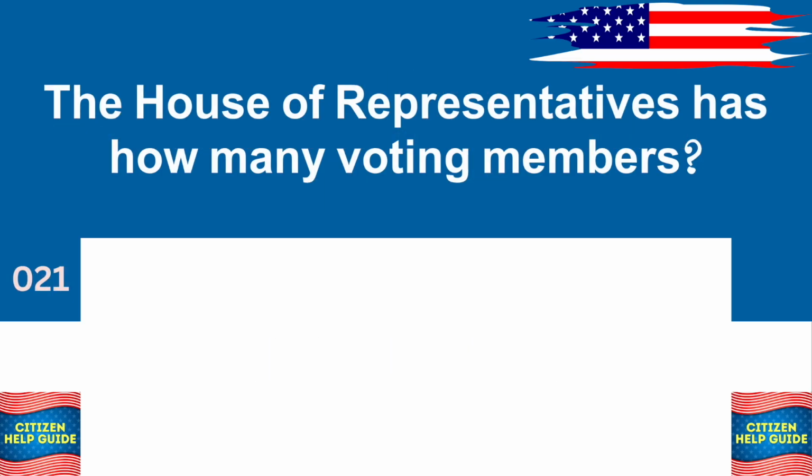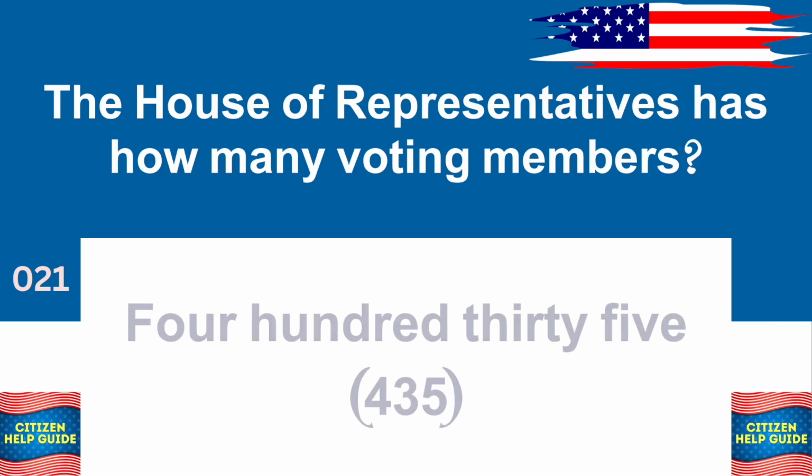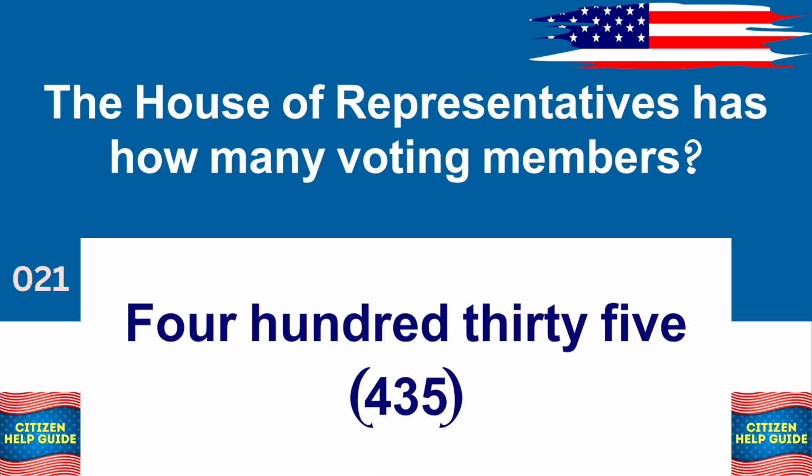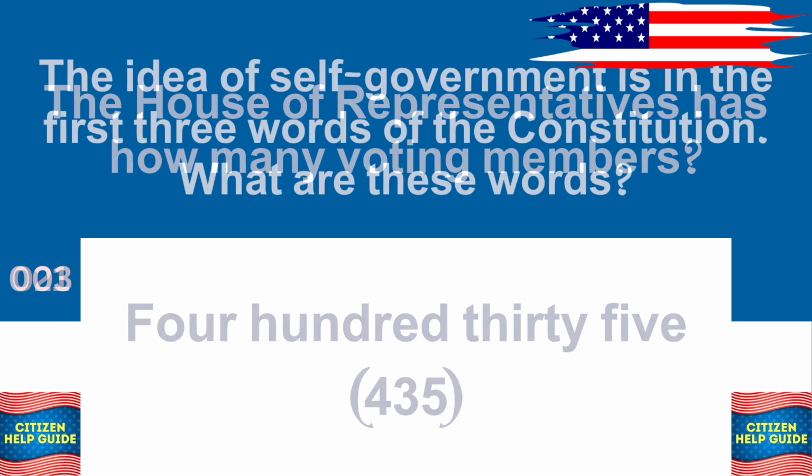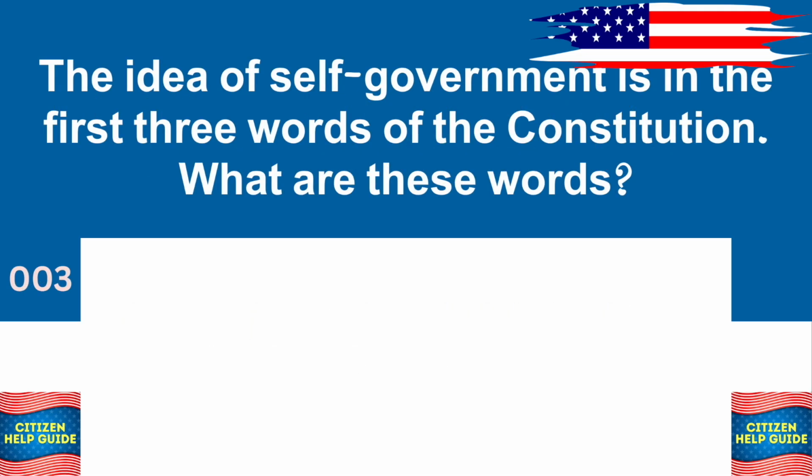The House of Representatives has how many voting members? 435. The idea of self-government is in the first 3 words of the Constitution. What are these words?